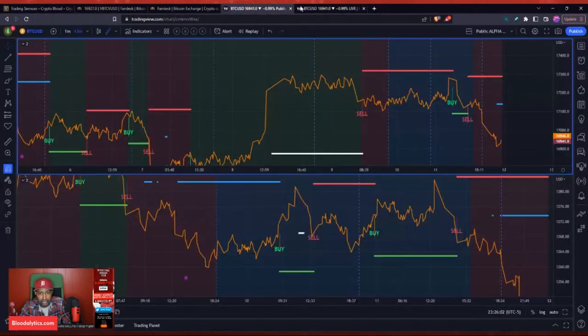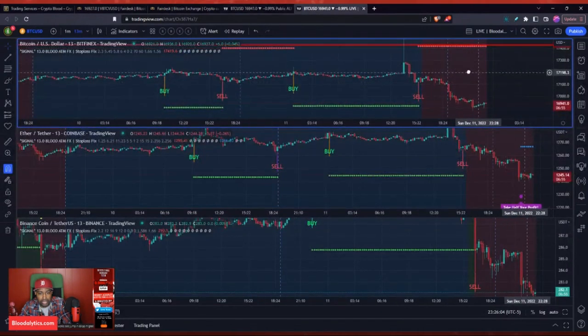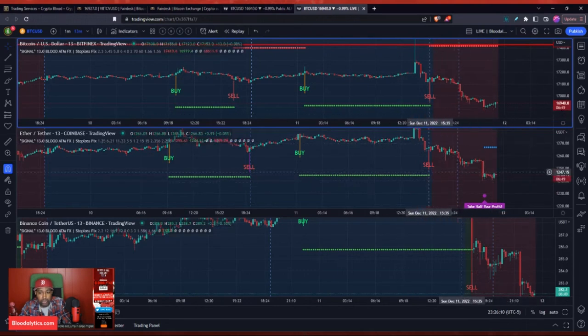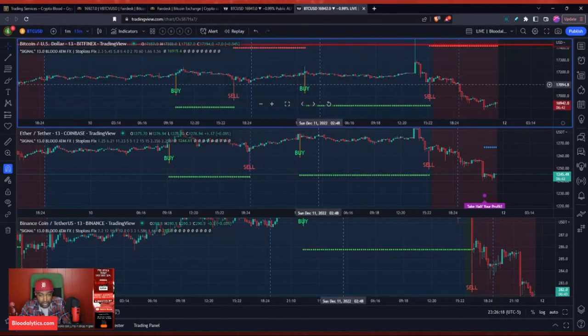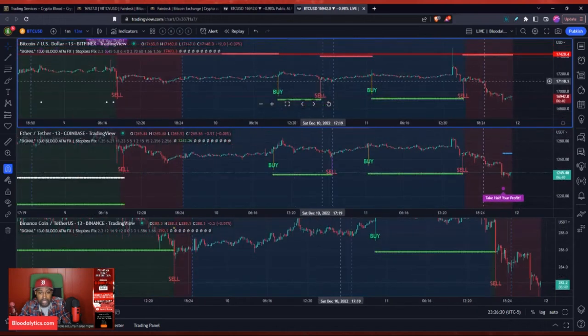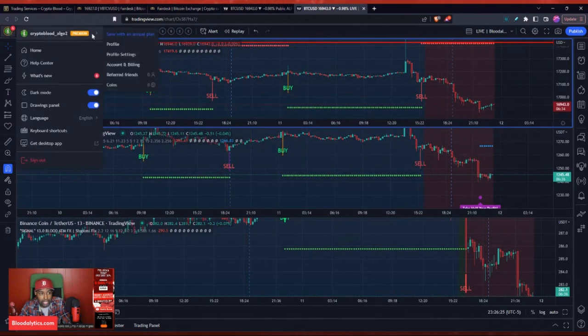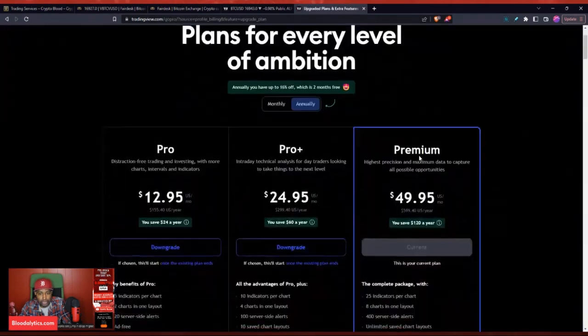that we all know of today, which is going to be this screen right here. So we all know this 3-pane window. This link is, of course, shared with you once you sign up with Bloodalytics and you are given access to the script in TradingView. The only way you can see this script is if you have a pro account. So you would have to upgrade your account in TradingView to at least the pro level, which you guys see here.